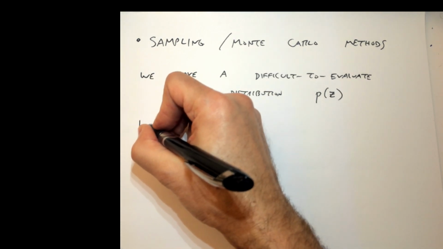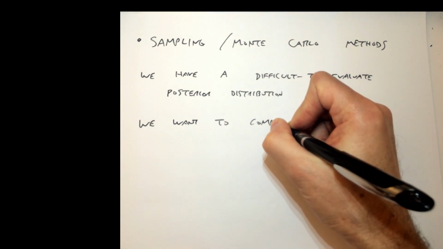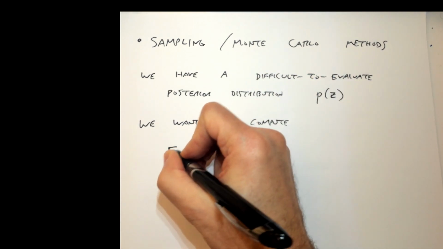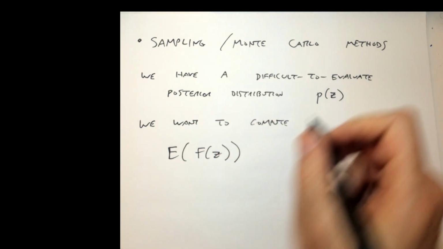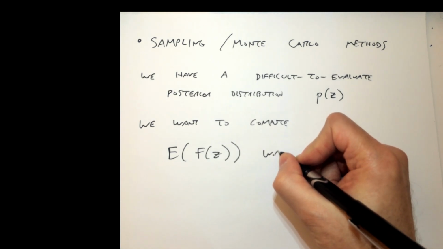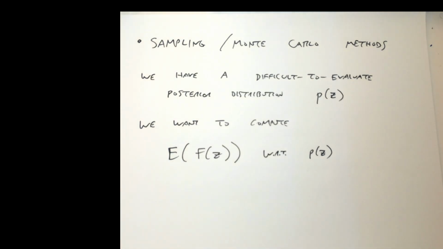And we want to compute some sort of expected value of a function according to P of z. So, maybe I have some function as like how fuzzy the cat is, right? So I want to find the expected fuzziness of the cat over the whole distribution of cats.